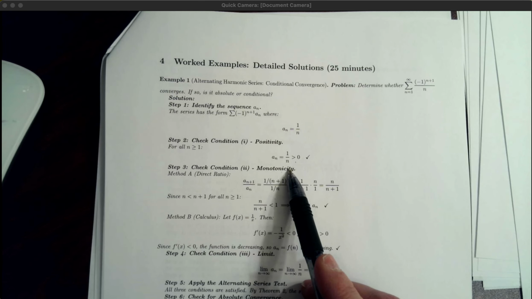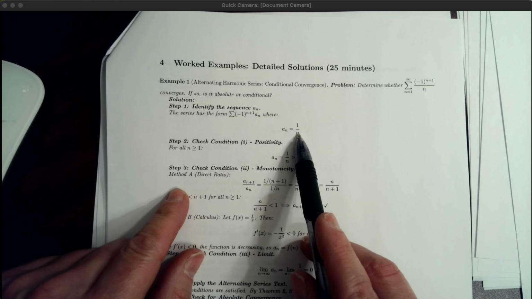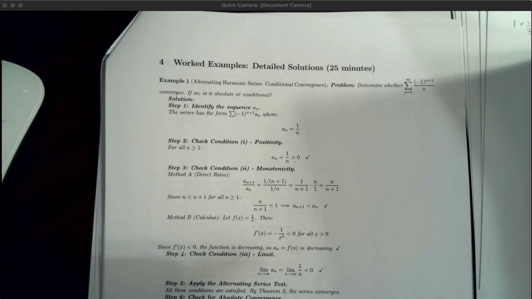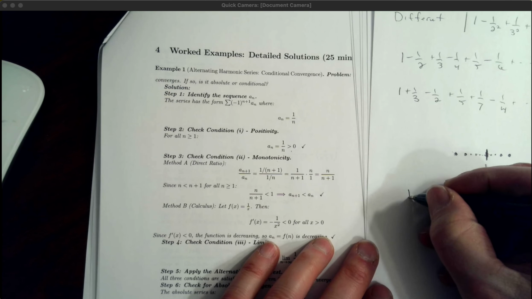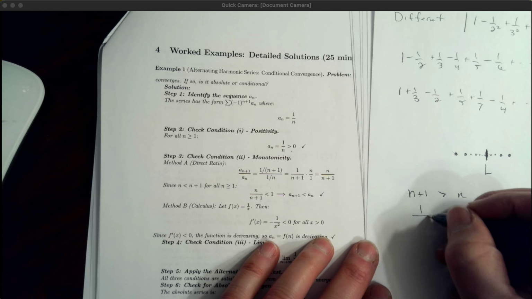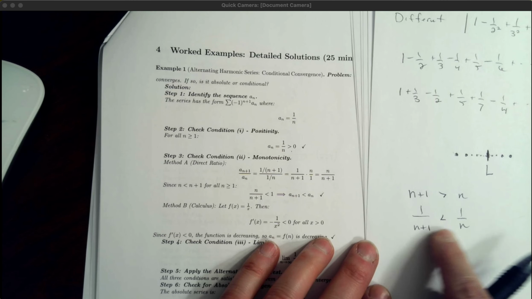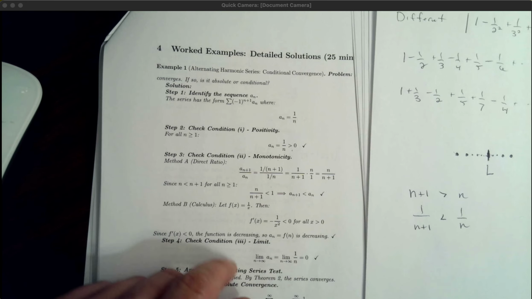Monotonicity means decreasing. Well, we don't really have to check this, right? As n gets bigger, 1 over n gets smaller. That's clear because n plus 1 is bigger than n. Right, n plus 1 is always bigger than n. So 1 over n plus 1 is always smaller than 1 over n. So as you go farther into the sequence, the terms of the sequence do decrease.